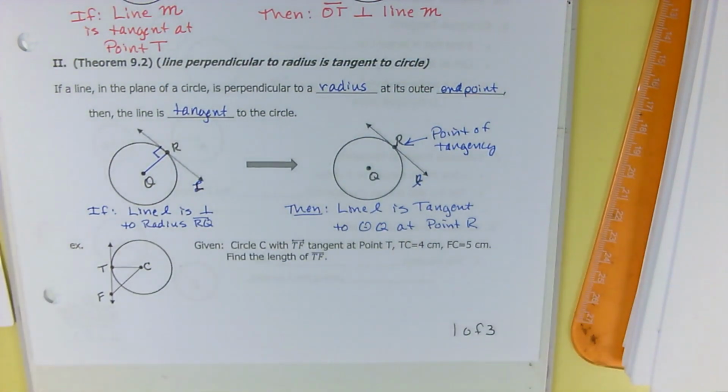So these go in reverse order. If you have a tangent line, then it is perpendicular to the radius at the point of tangency. If you have a line that's perpendicular to the radius at the point of tangency, it's a tangent line. So it goes both ways.